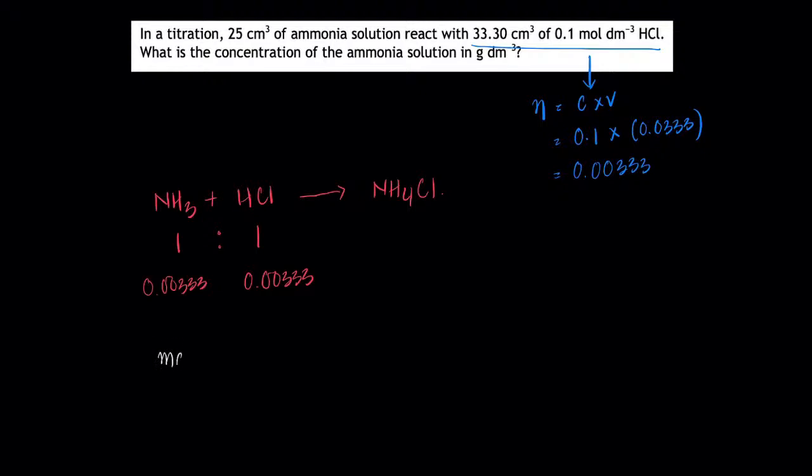Mass is the number of moles times the Mr, which is 0.00333 times the Mr. The Mr for NH3 is 14 plus 3, 17, times 17.